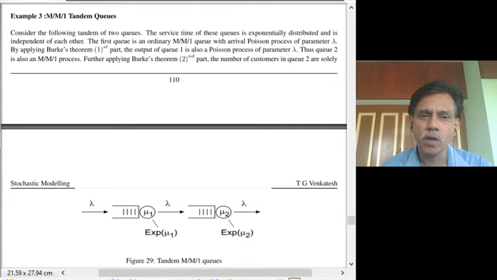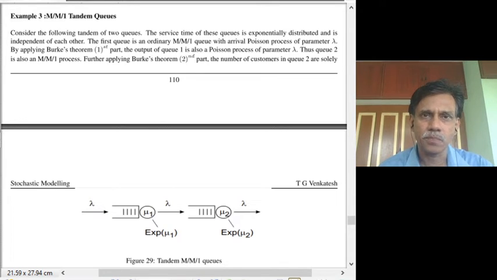At this point, we do not know the arrival rate behavior to the second queue. Let mu1 be the exponential service rate of the server present in Q1. Let mu2 be the exponential service rate of the server present in Q2.